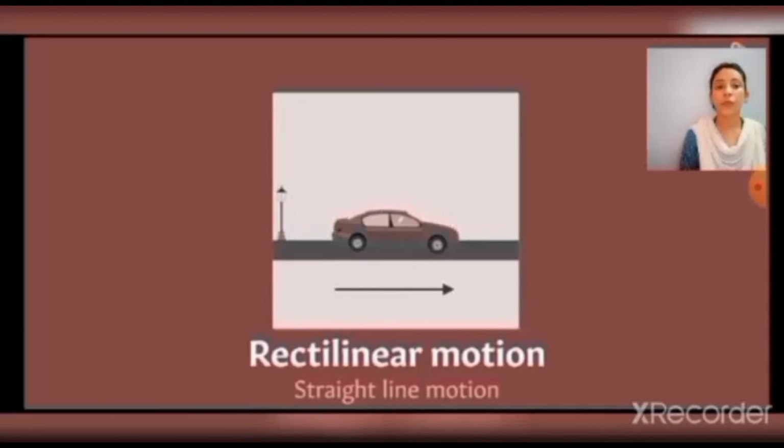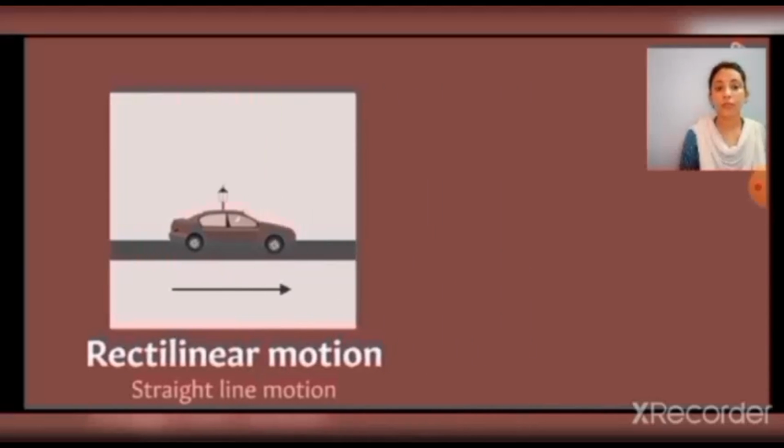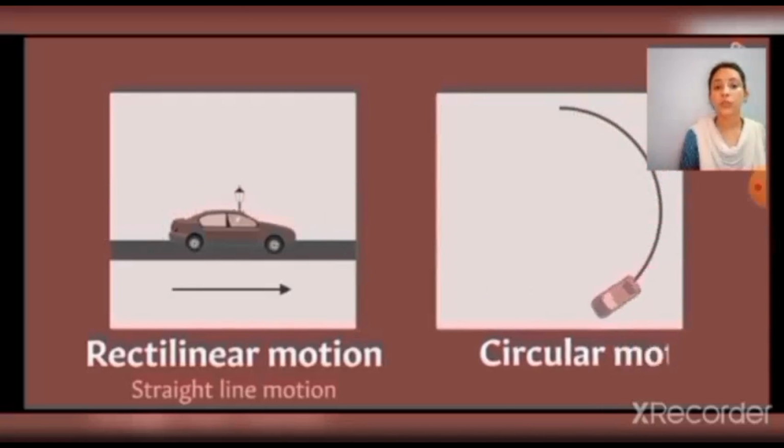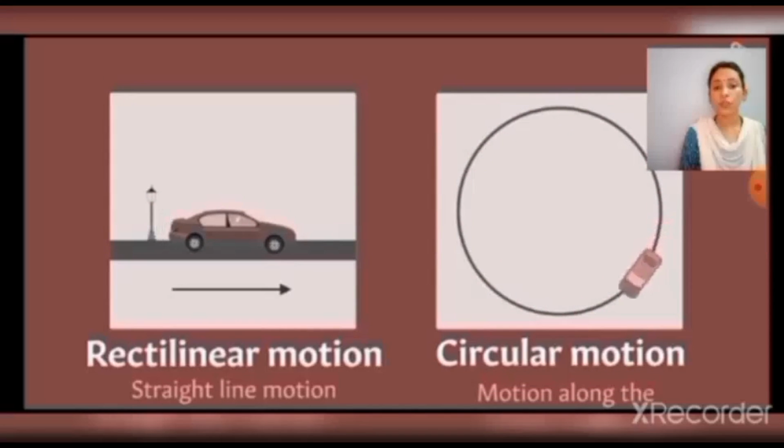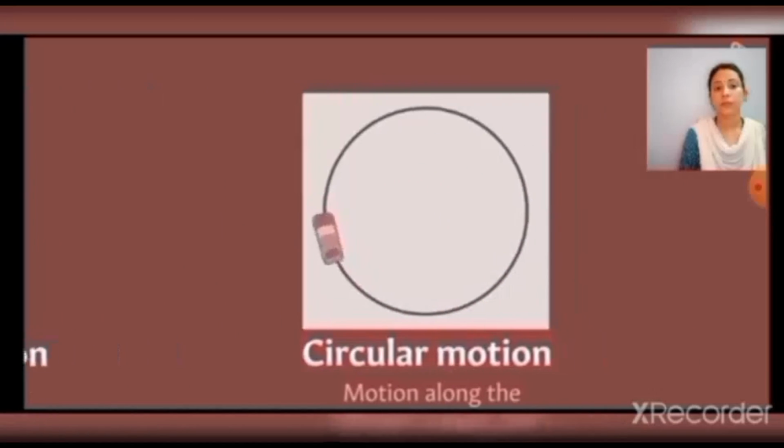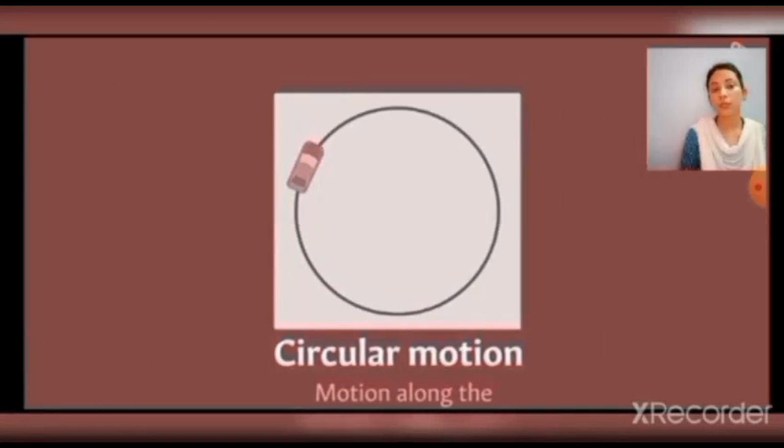The other type of motion we will learn today is circular motion. Now, what is circular motion? As the name suggests, it is the motion which goes in the form of a circle. You can say the motion along the circumference of a circle is known as circular motion. Is there any example of circular motion?